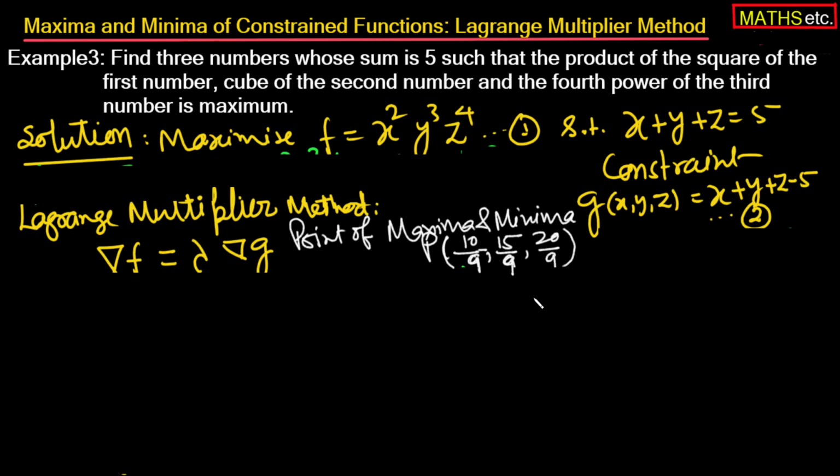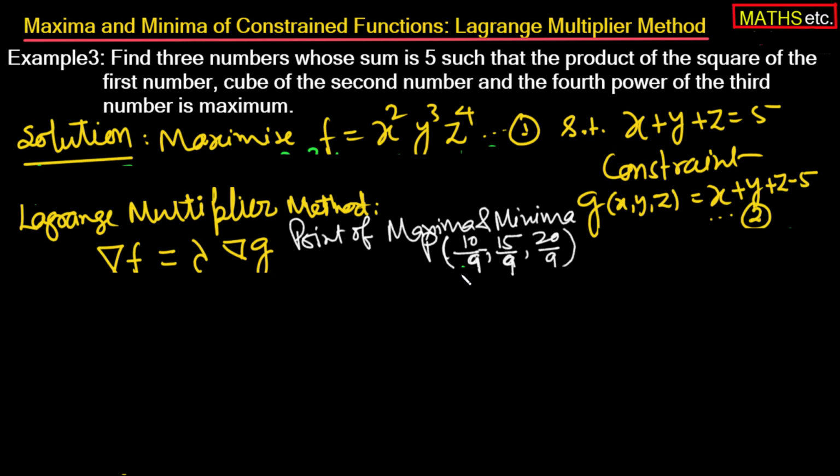Now we already know that the Lagrange multiplier method does not tell us about the nature of the point. It declares that at this point it could be either a maxima or a minima, right?